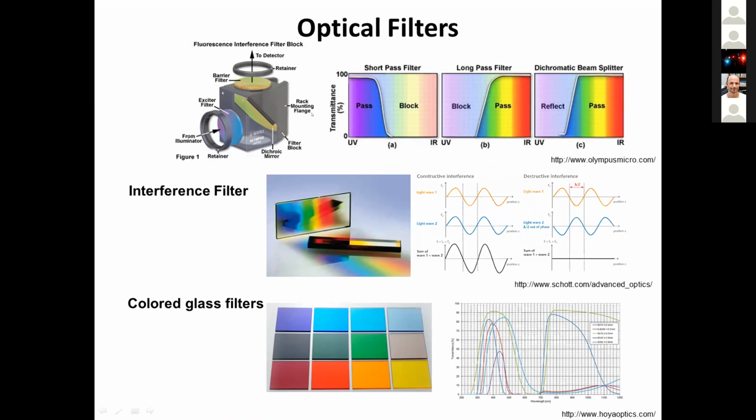And then we usually use band pass filters that can be based on two technologies: interference filters that are deposits of different layers of material that can interfere and enable or not the pass of the light, or colored glass filters, which absorb and reduce the transmission for certain wavelengths.